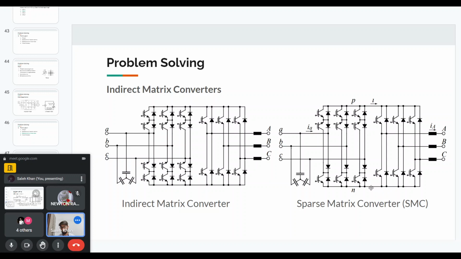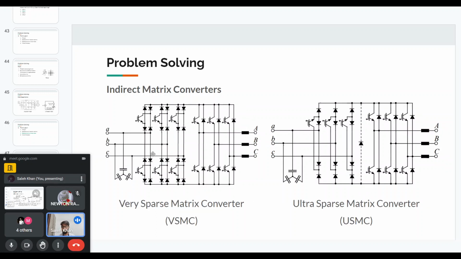We can go through the diode, and the positive current will go through the diode and then the switch. For the very sparse as well, you can see it allows both positive as well as negative current, because from source to load it will be through one diode and then through the switch and again through another diode.